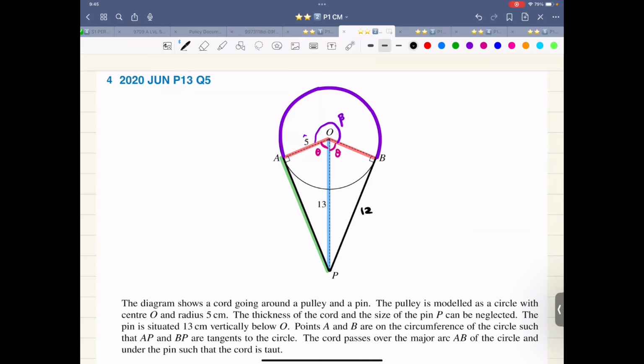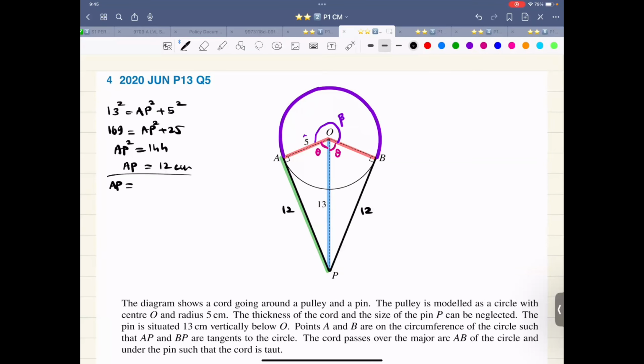This is 12. This is 12. So first of all, I can say 13 squared, that is the hypotenuse, is equal to AP squared plus 5 squared. So 169, AP squared plus 25, AP squared is 144, AP comes out to be 12.